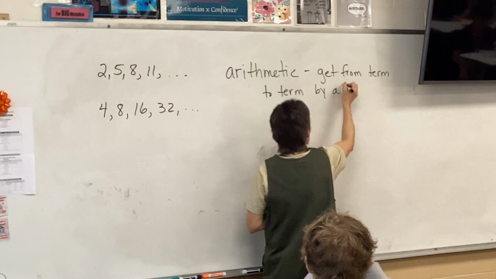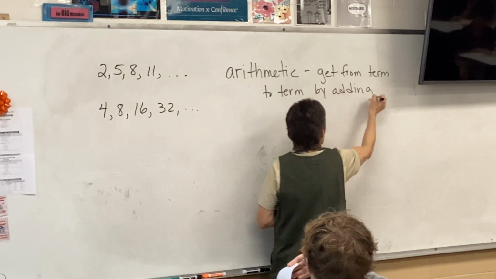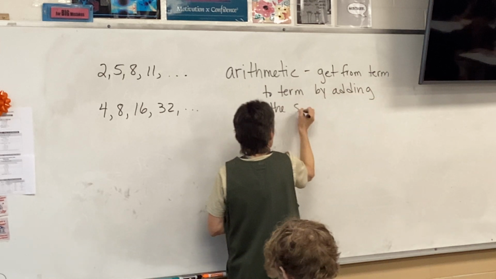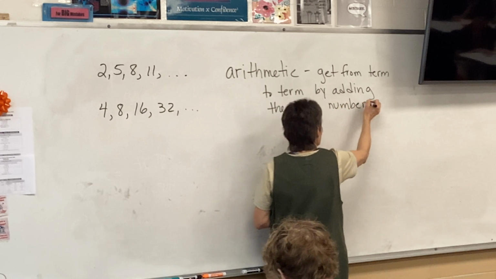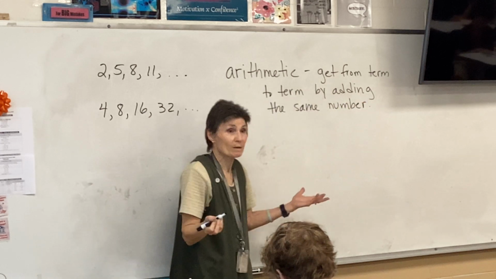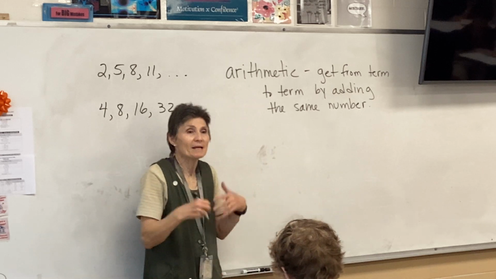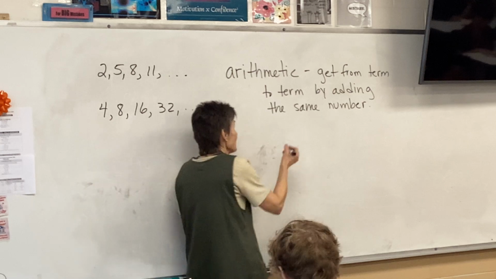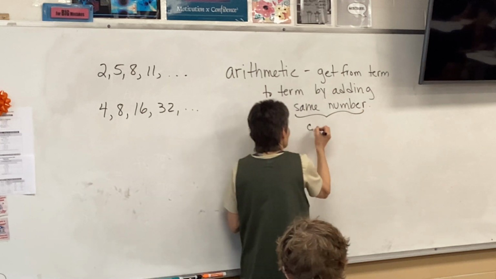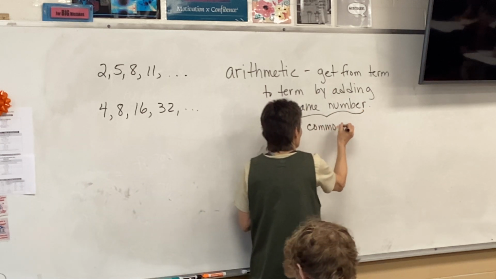by adding the same number. In this particular example, that same number is 3, but it doesn't have to be. It could be anything. You can make a sequence with anything. The same number has a name. It's called the common difference.